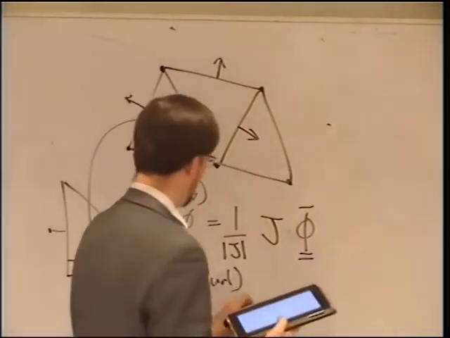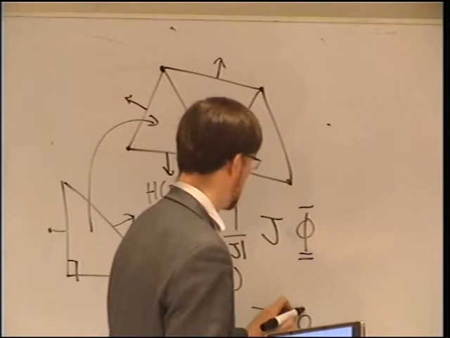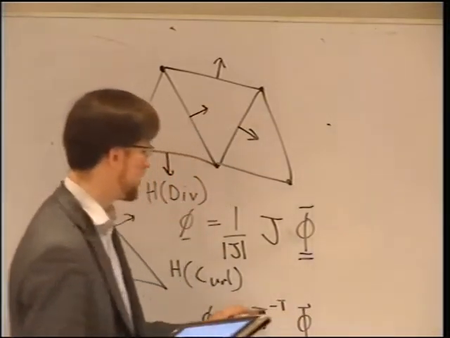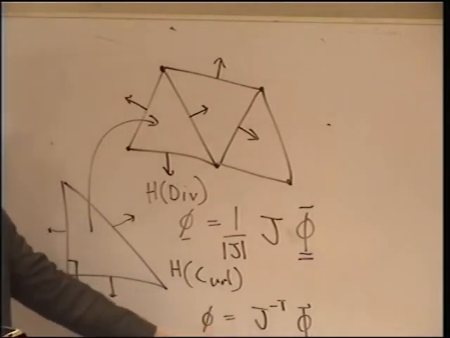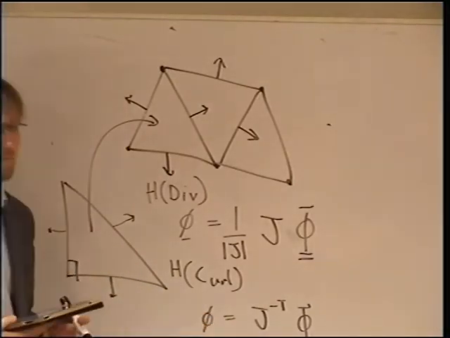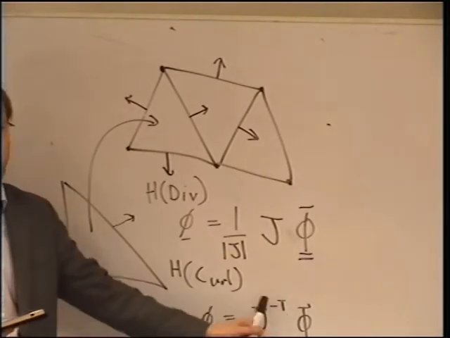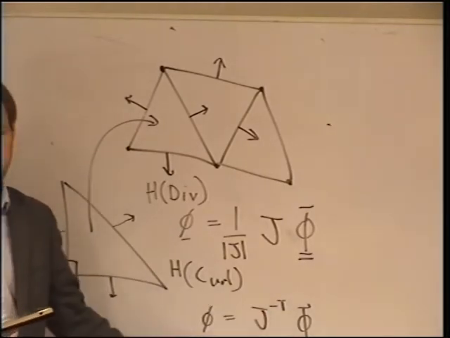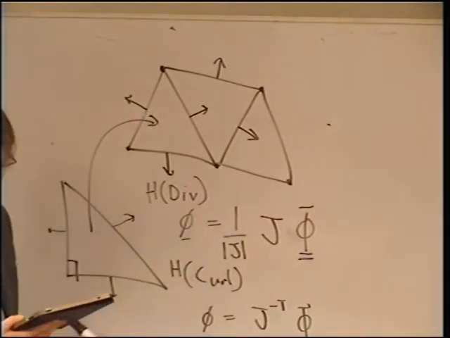So I would get the transpose of the inverse of J. So this is actually how the derivative transforms. Right, that's a familiar expression, and this is not.